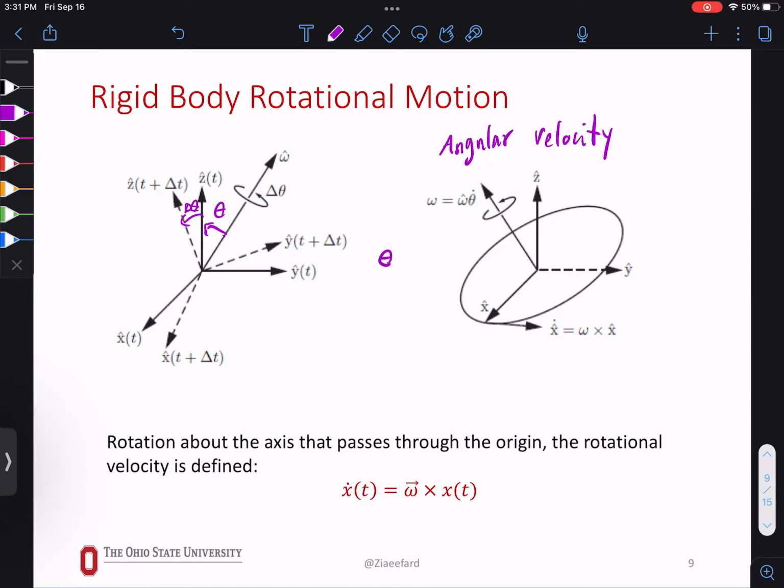So theta dot becomes delta theta over delta t, and as they get smaller, we write dt. So you're incrementing over time, and as the increments get smaller, we can write the differential of that.